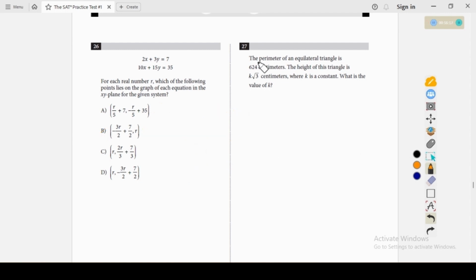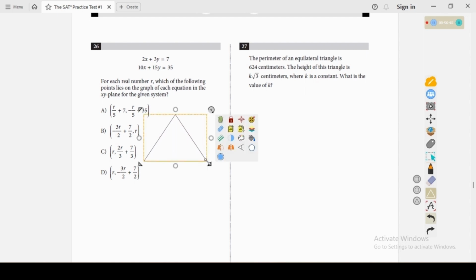Question number 27 is, the perimeter of an equilateral triangle is 624 centimeters. The height of this triangle is k root 3 centimeters, where k is a constant. What is the value of k? Let's draw an equilateral triangle. An equilateral triangle looks like this.